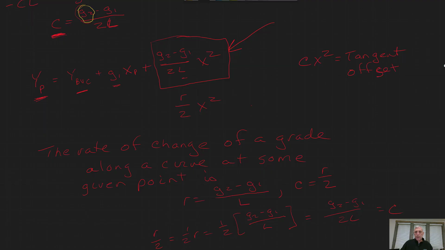And it makes sense, right? If we're going along a line, then we have to consider some difference. This part here is just a line. So we have to add something, even if that's a negative number that we add, to get back to the curve. Well, that difference that we add is the tangent offset. Okay, so that's going to be important for the next little segment of vertical curves we do. Cx squared is the tangent offset.